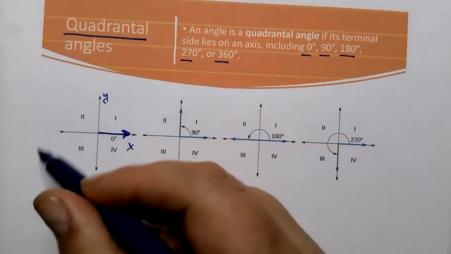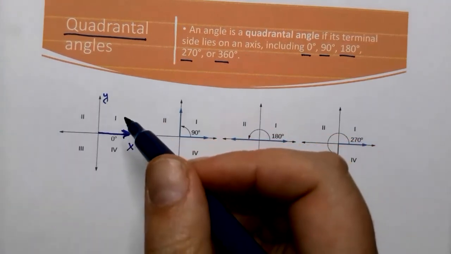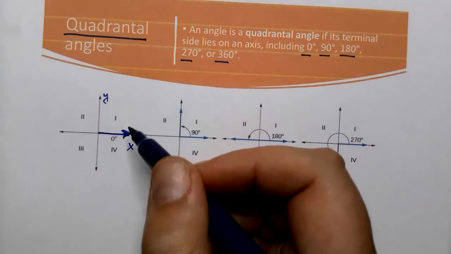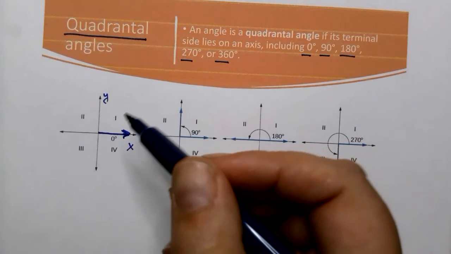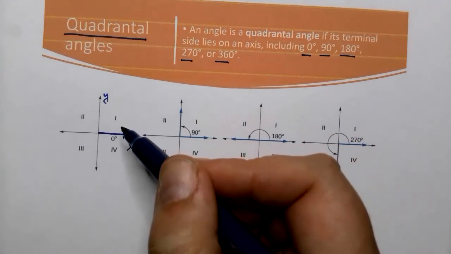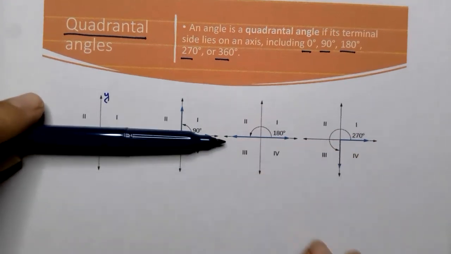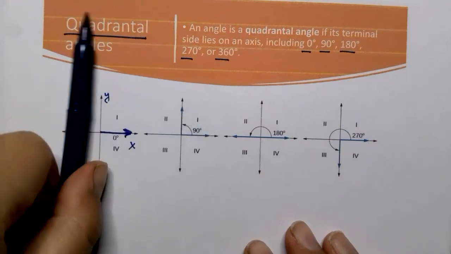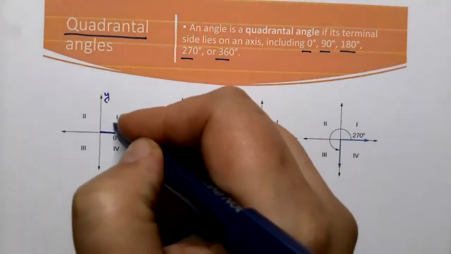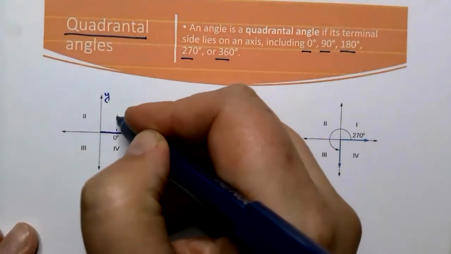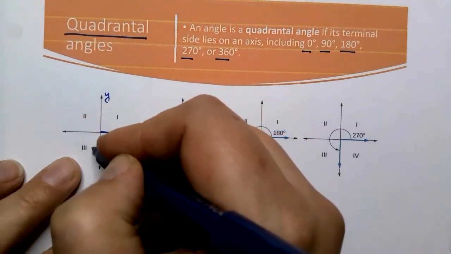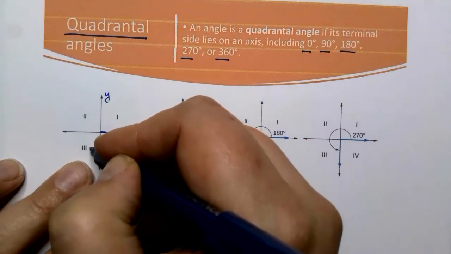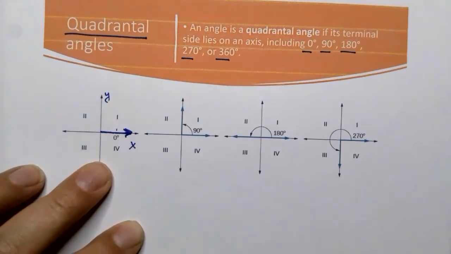They divide our plane into basically four equal parts, and those are called quadrants. Since our movement is usually counterclockwise, the first quarter is called the first quadrant, the second quarter is the second quadrant, the third quarter is the third quadrant, and the fourth quarter is the fourth quadrant.